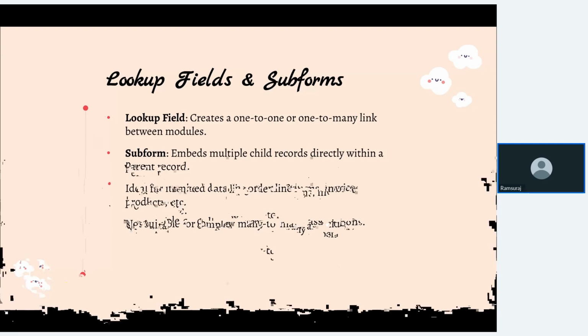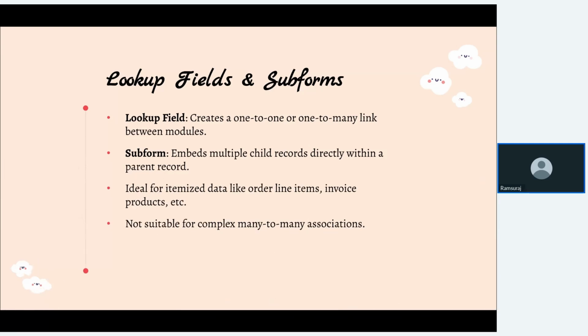In upcoming slides, I'll show you how to implement many to many with linking modules in Zoho CRM, and how to automate these relationships. But first you need to identify which relationship type your business use case falls into. That is the major point.